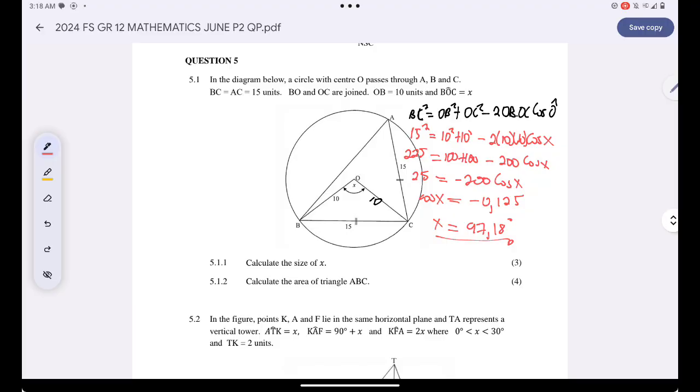Okay. Why am I dividing by 2, guys? I know that the angle at center is twice the angle at circumference.